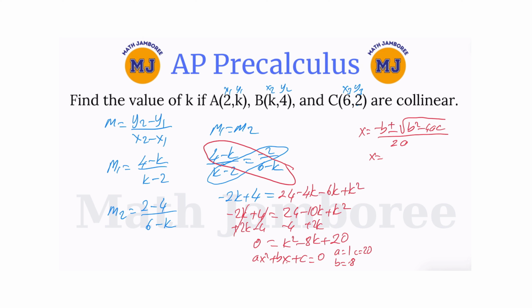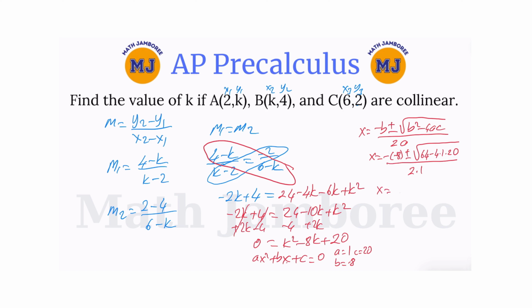Negative negative 8 plus or minus the square root of b squared, 64, minus 4 times a, which is 1, times 20, over 2a, 2 times 1.